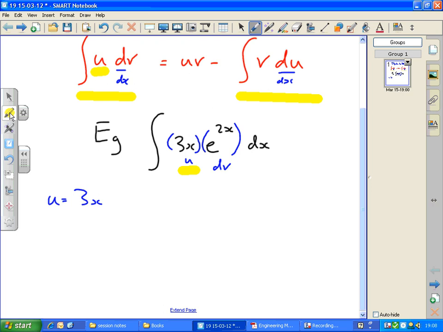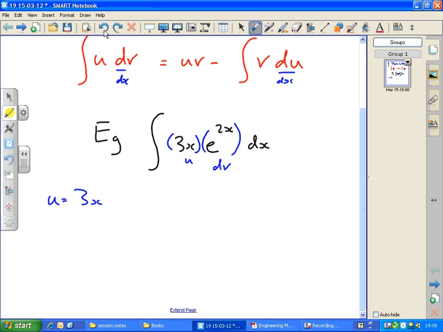In other words, the differential of what I've let u be. And what's the differential of 3x? 3. So if you think about it, I've now got an integral where one of the x's has disappeared, so I can do the integral. That's how it works. Let me show you by going through this example, and maybe you'll see it. But it does take a little bit of understanding the first time you see it.